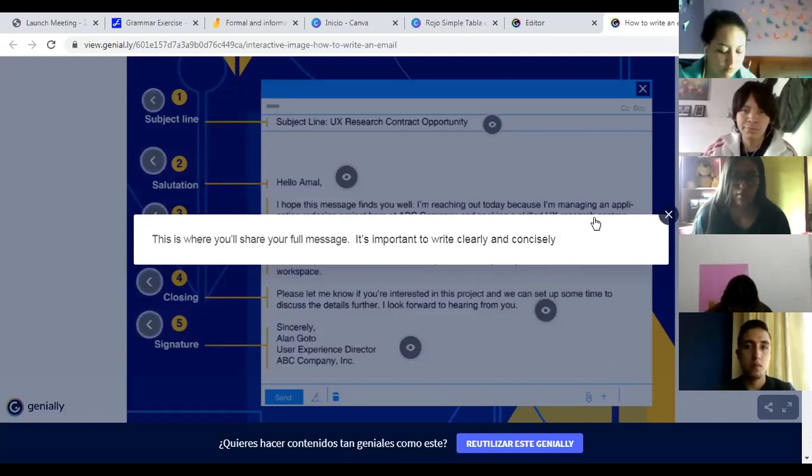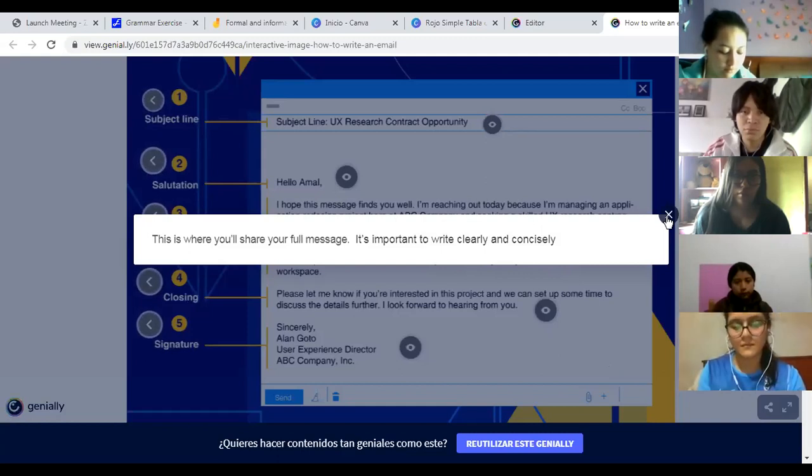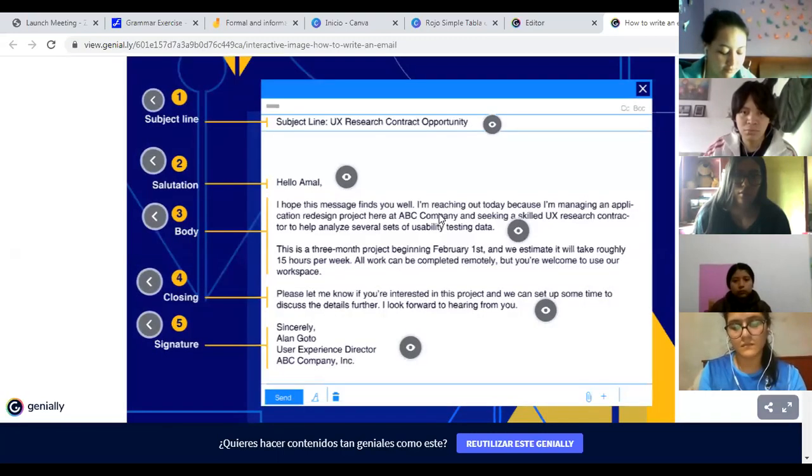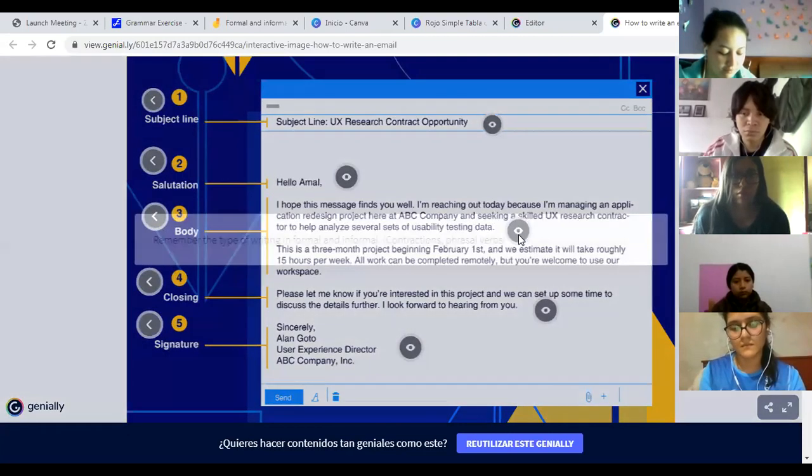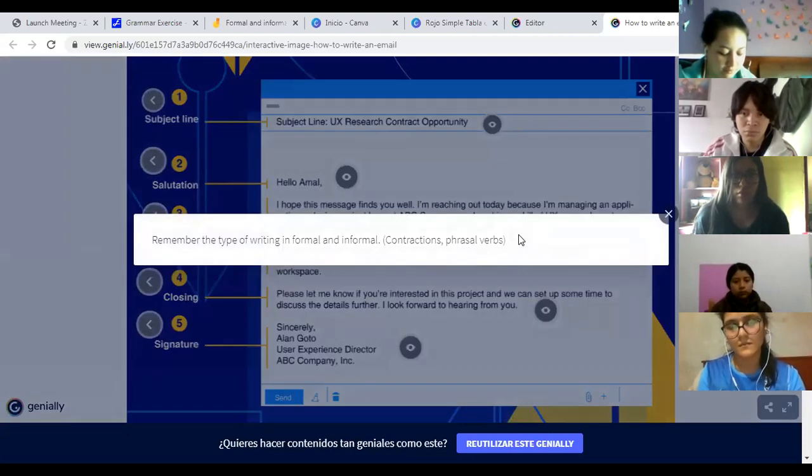So as you said, it is where you share your full message, where you write the reason, I mean the objective, the goal of your email. In this case, I wrote this.